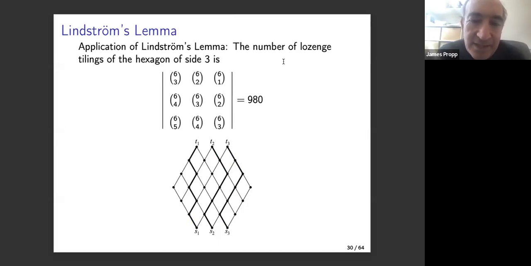So here's an application of Lindström's lemma. The number of lozenge tilings of the hexagon of side length 3 is given by this 3 by 3 determinant of binomial coefficients. So for instance, if we count the number of paths joining S1 to T3, that's going to be a path that has to go 1, 2, 3, 4, 5 steps up and right and 1 step up and left.